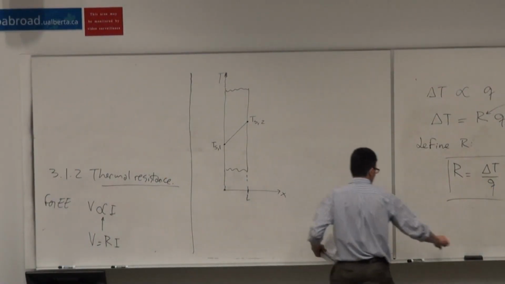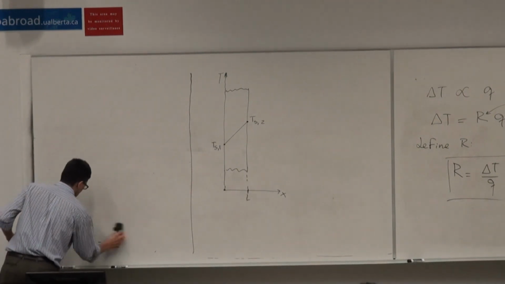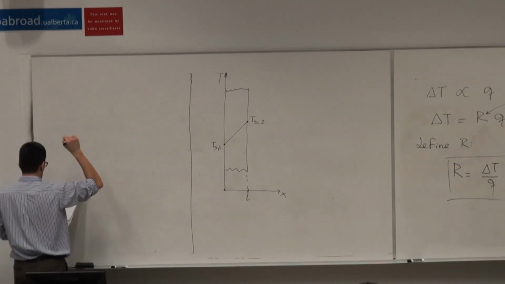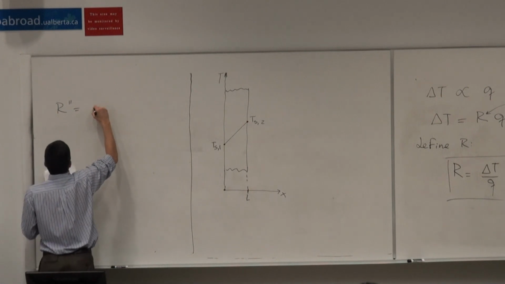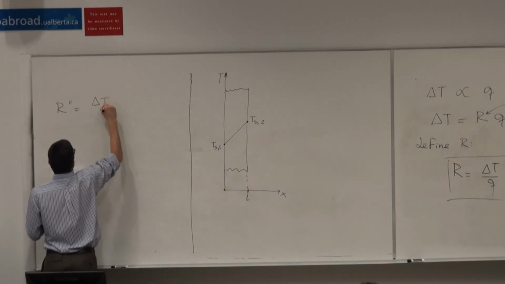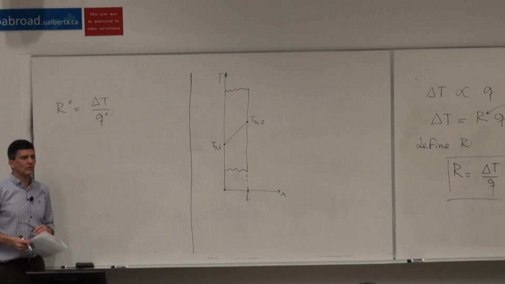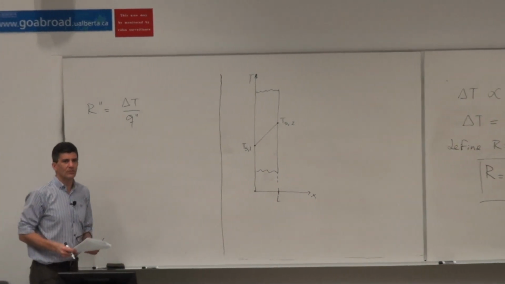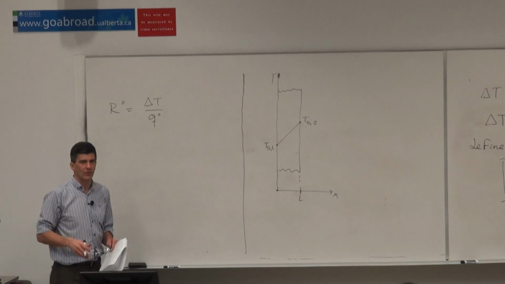Another concept I want to bring in is R double prime, which is delta T over Q double prime. Now, this notation is horrible. I cannot find anything better, because R double prime is not resistance per square meter.